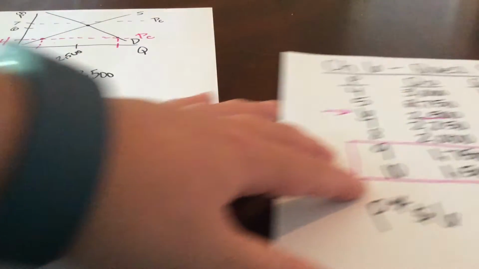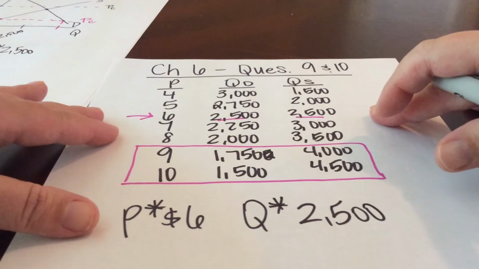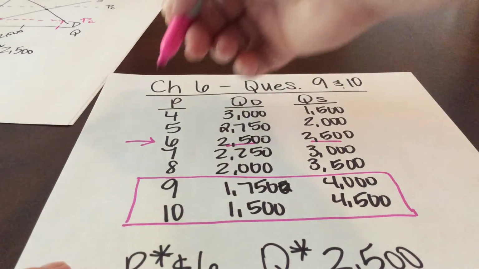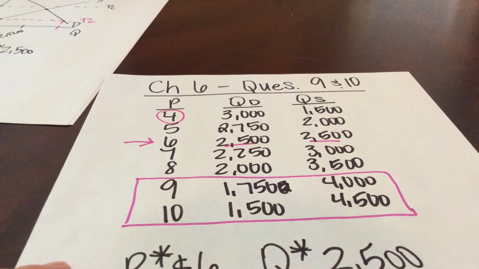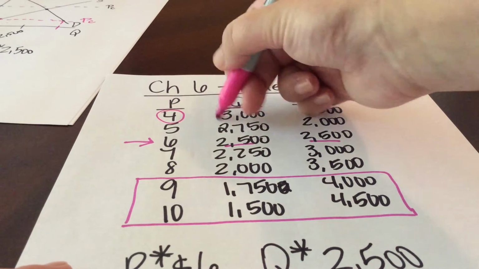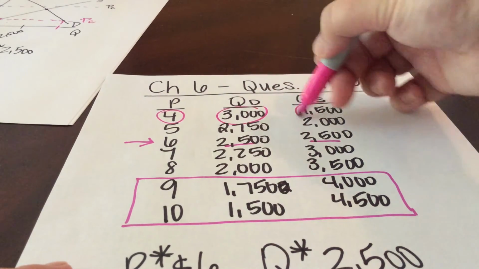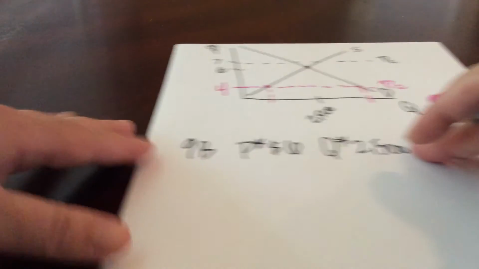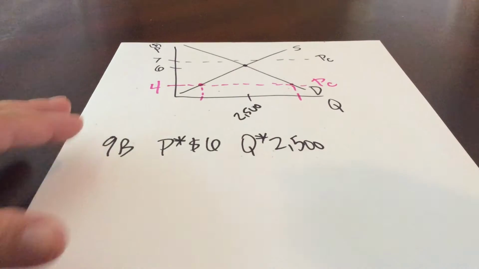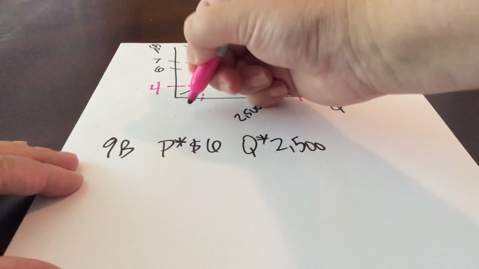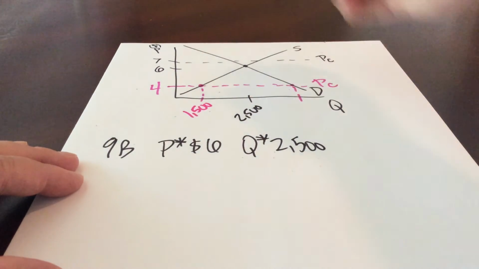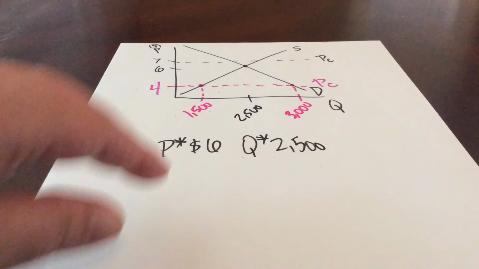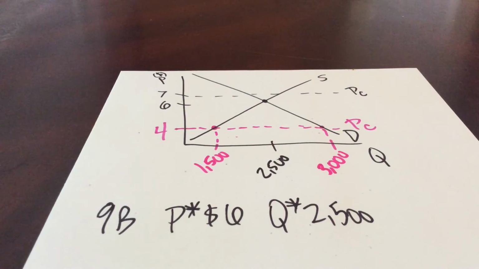So going back to our supply schedule here, we need to look at the price now of $4. And at $4, quantity demanded is 3,000, and quantity supplied is 1,500. So let's draw those in our graph. Okay, so again, quantity supplied is 1,500, and quantity demanded would be higher at 3,000.